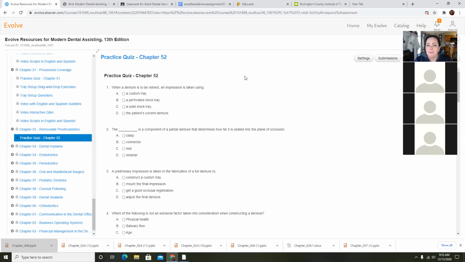An immediate denture is a denture that immediately replaces missing teeth. So we take an impression on the patient, the lab knocks off the existing teeth and makes a denture out of it to the best of their ability. It's not an exact science.